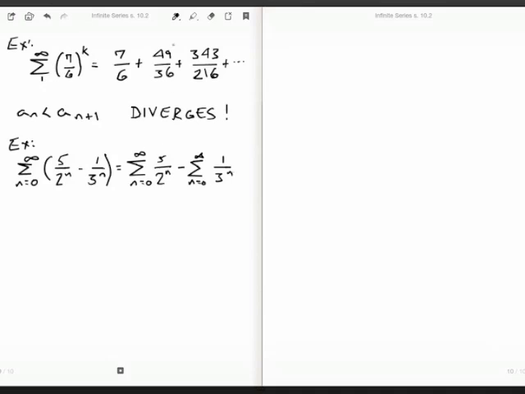Alright, so I'm going to split these up here and work with them individually for a little bit. This one I'm going to call A, and this one I'm going to call B.